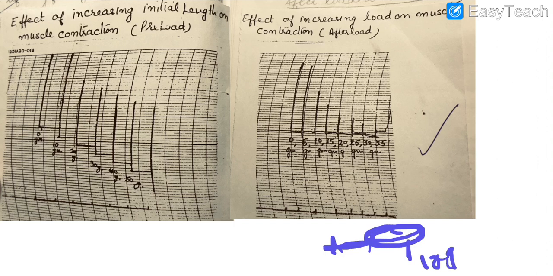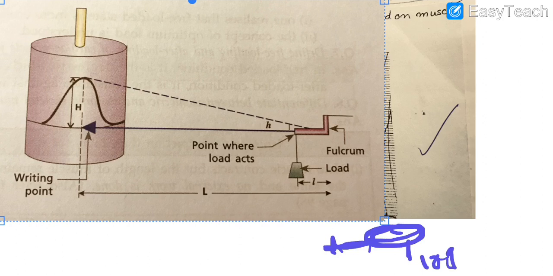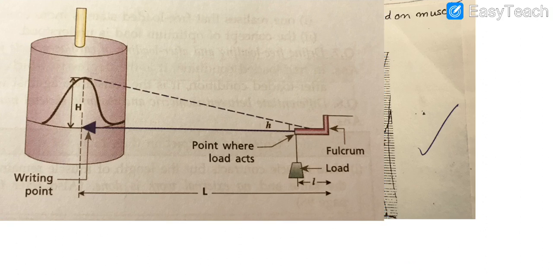And there is one more diagram, let me show you, which will make it easier to understand. Say this is the fulcrum, right? And we are hanging the load over here. This is the weight, and this is just a pen marker.